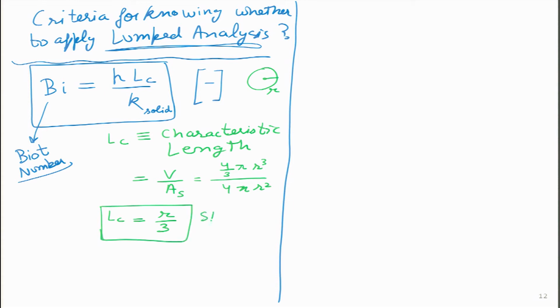So for a sphere, this is the case that we have looked at. For a cylinder, we can do the same exercise, volume divided by area, and it turns out over there the value will be r/2. We can also do the same thing for a slab having thickness 2L. So if it is a slab having thickness 2L, its characteristic length will turn out to be equal to L.